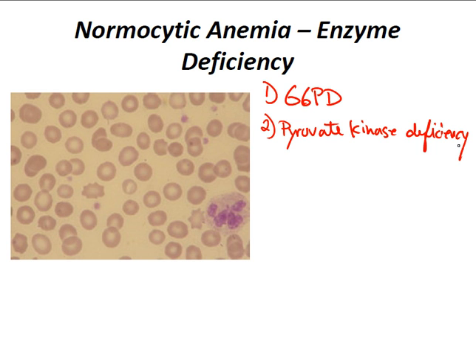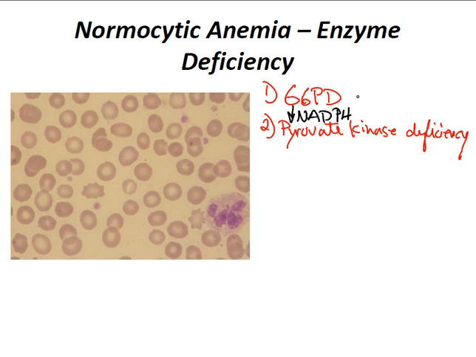So G6PD. What do we know about it? It is caused by a decrease in what? That's right, a decrease in NADPH formation through the hexose monophosphate shunt, or the HMP shunt.